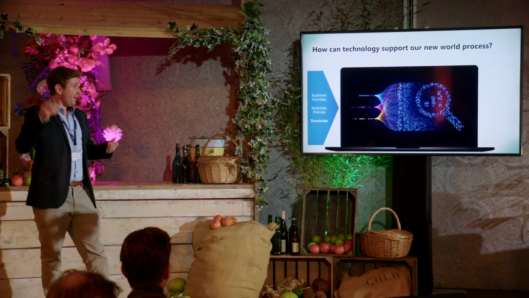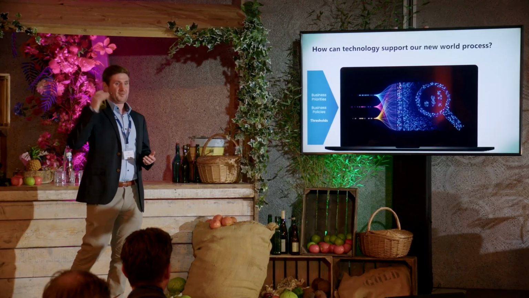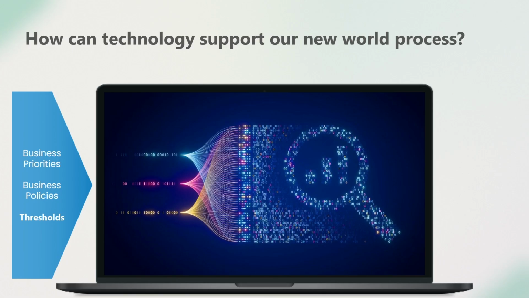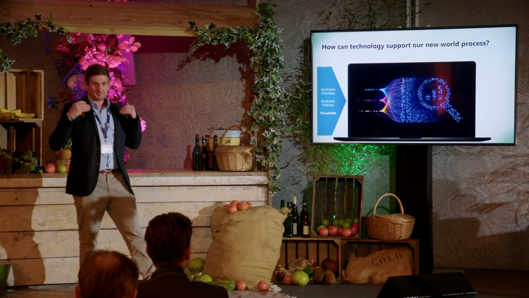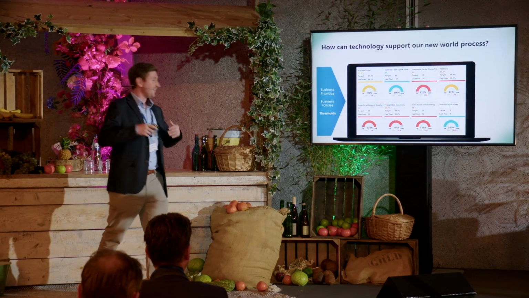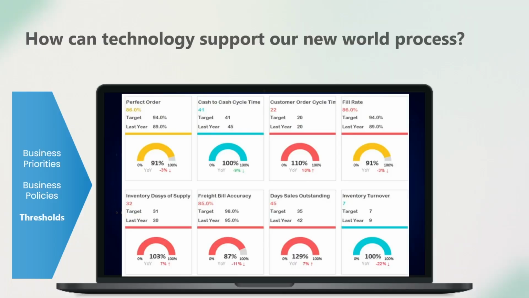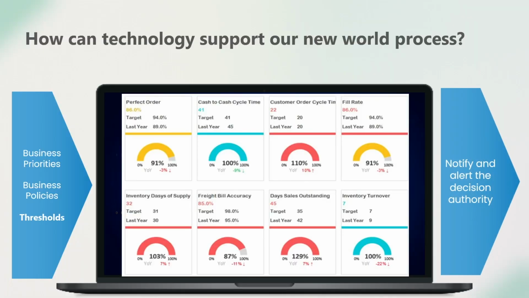So put another way, our AI agents can better manage these tasks of maximizing utilization, minimizing changeovers, when we have these priorities and thresholds defined in our organization and then built into our software and tools. It allows us to then present information in dashboards, alert the decision authority at the point at which that disruption has an impact, and allows us to respond.